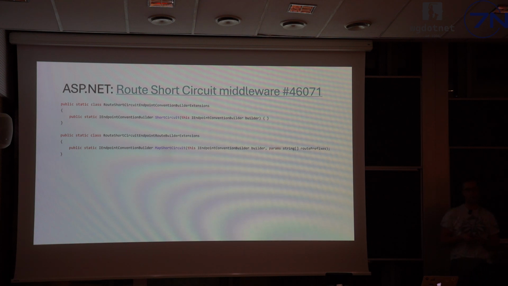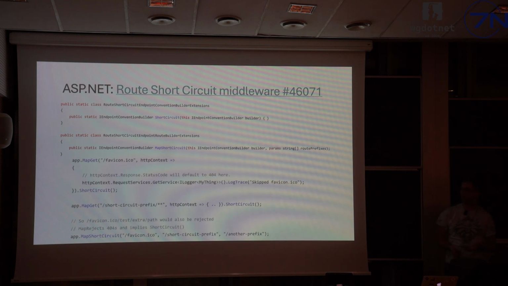And if you log every single request to your application, then they create noise that you will most likely not want to deal with. So this API allows you to specify short circuit. For example, if you just specify paths or prefixes, ASP.NET won't invoke any middleware. It will just return 404 and do nothing. So it's going to help you reduce the noise. You can also, of course, customize it and log something if you want.